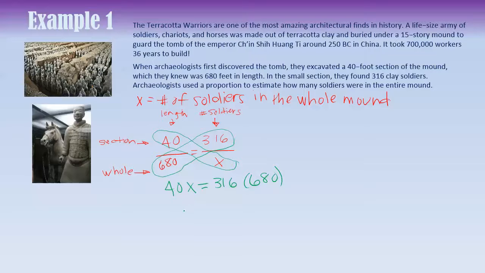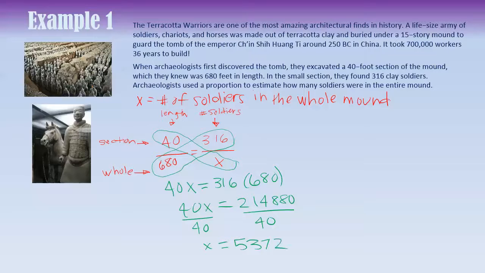So then I'm going to go ahead and simplify. On the right, I can do the multiplication and get 214,880. Then I'm going to solve for x by dividing each side by 40. And we get x equals 5,372.